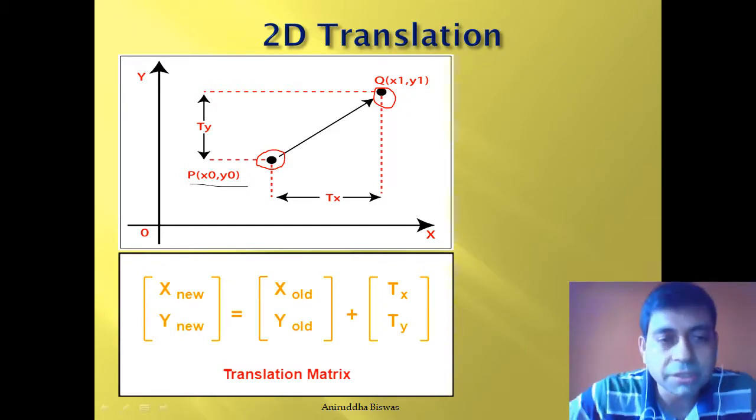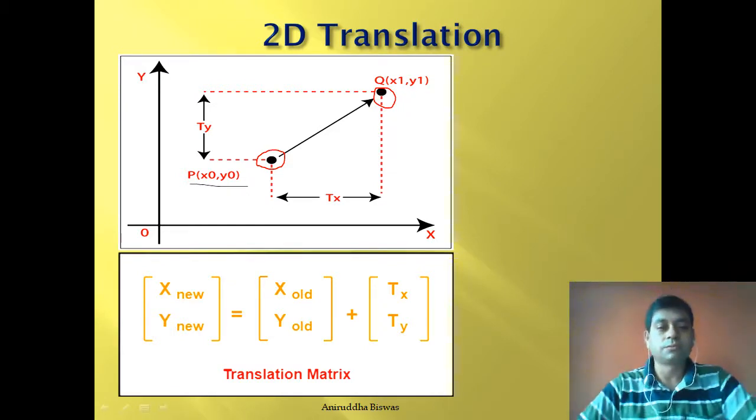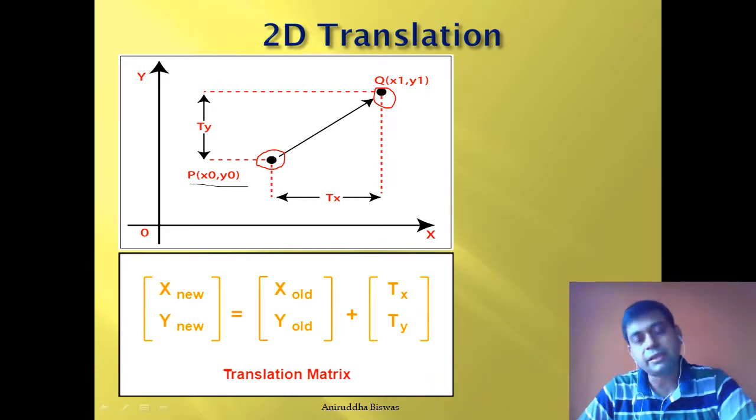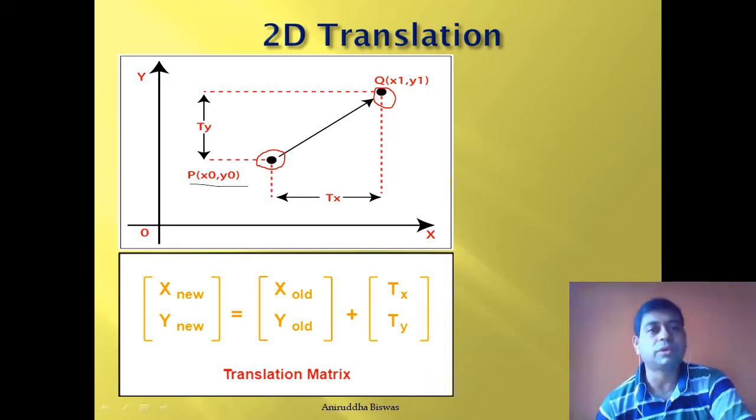Let's say the initial coordinate was x0 y0 and the final coordinate is x1 y1. So x1 minus x0 will be tx and y1 minus y0 will be ty. So that is the deflection in the x-axis and y-axis for this point P and Q.